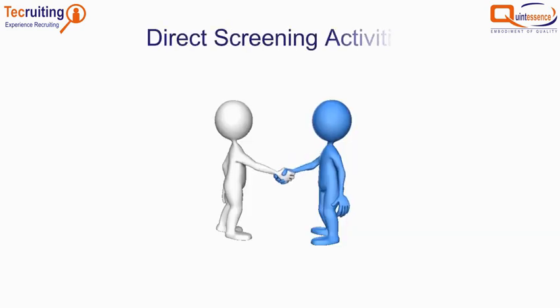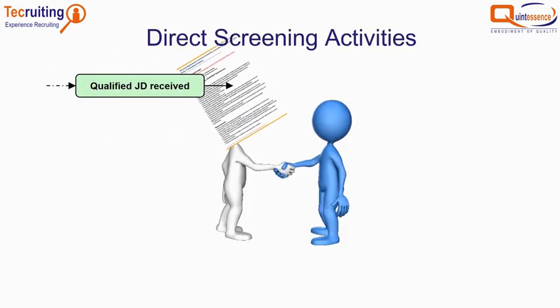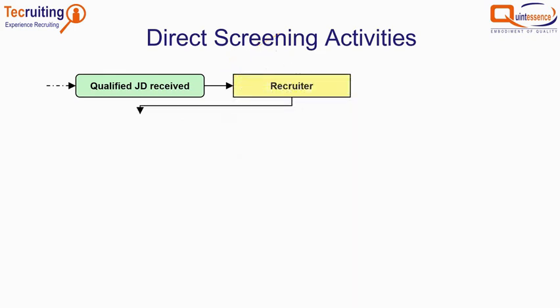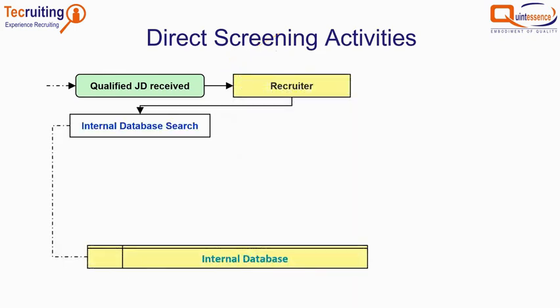Direct screening activities. Once a JD is qualified and its completeness is ensured and it is decided that the resumes for this position are to be screened directly, the process starts with the recruiter first checking the internal database of profiles available.